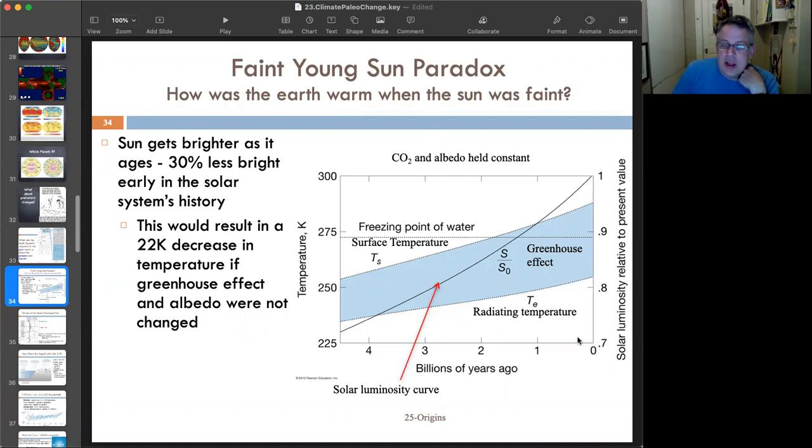If you work out how much weaker the sun should have been, you get a curve like this that would suggest how much colder the Earth should have been. And then you have to correct for this with a greenhouse effect in order to get us up to where the observed surface temperatures actually were. So the greenhouse effect must have been changing in time in an interesting way.